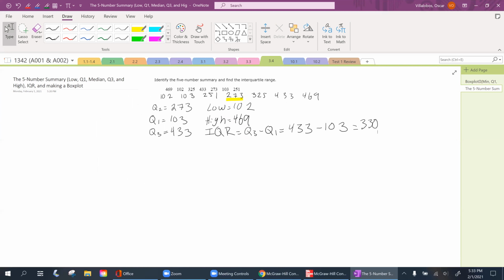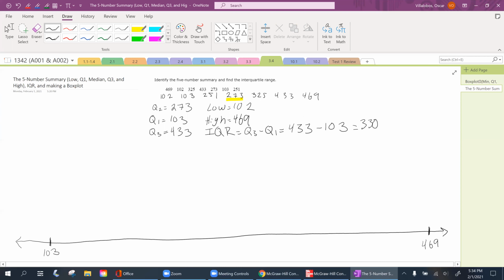Give me 1 second here. There we go. Oh, we're over here. Right there, all right? My lowest value is 103, so I'll mark that as 103. My max value, that is my high, that is 469, right?